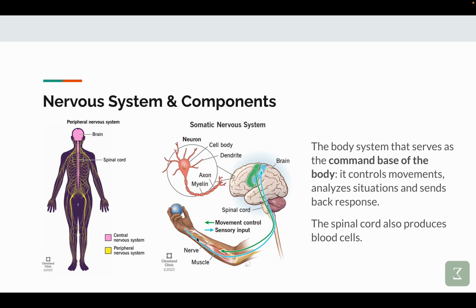And firstly, we have the nervous system and its components. The nervous system is the command base of the body. It controls some movements, and analyzes situations and sends back a response to indicate other movements. There are different types of movements in the body.